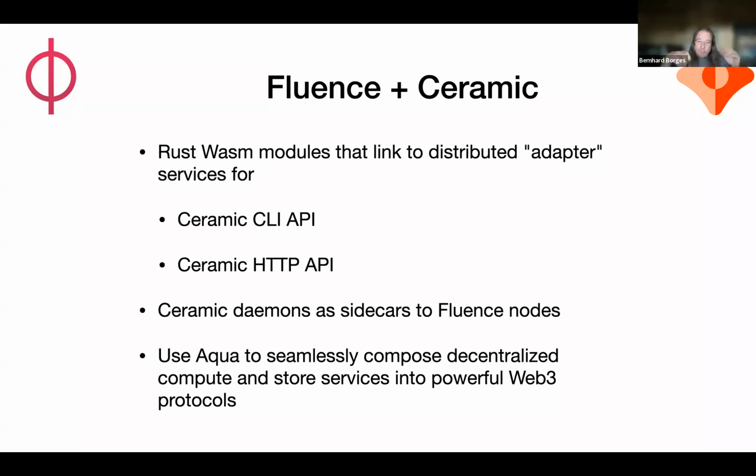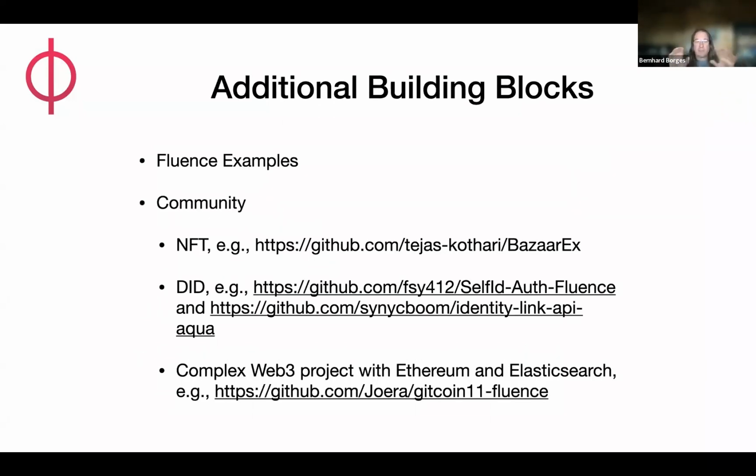And finally, we have a bunch of additional building blocks. There's a whole bunch of Fluence examples you can use, curl services, all the way to some community contributions, some of them from past hackathons, including Gitcoin hackathons. So thanks to the people who preceded you or who are back for more. We have an NFT example and multiple decentralized identity examples.